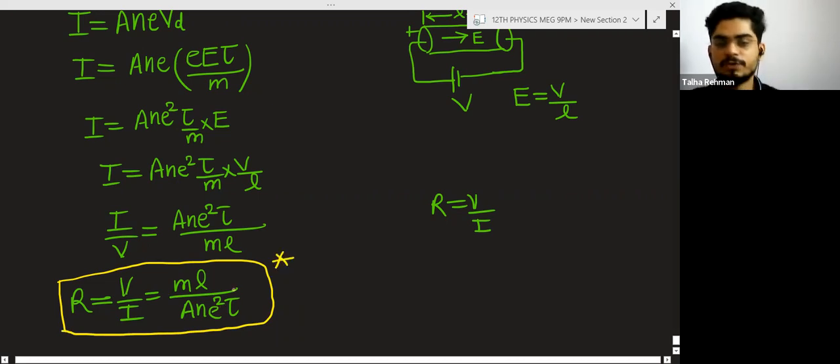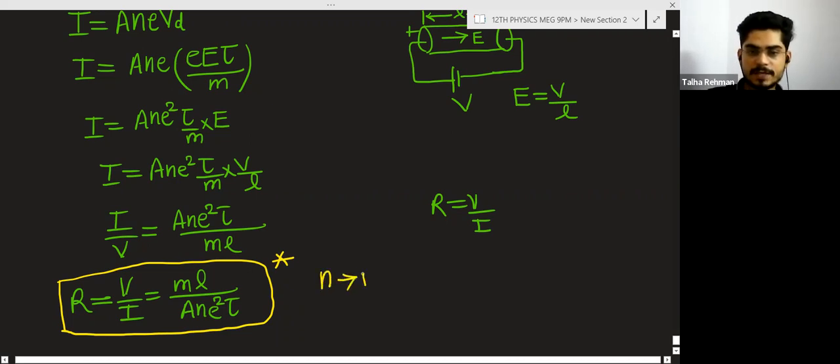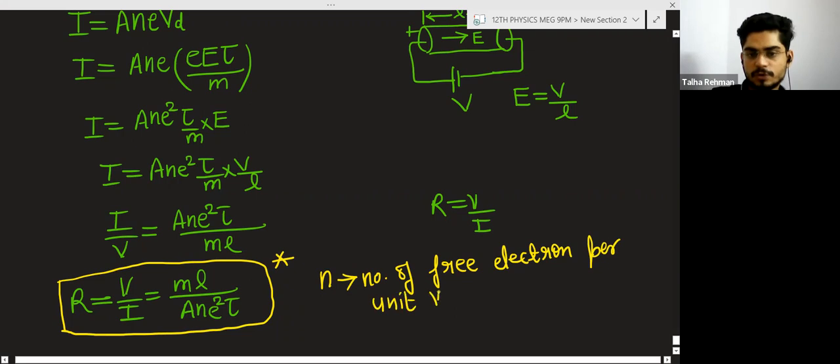n is the number of free electrons per unit volume of conductor.